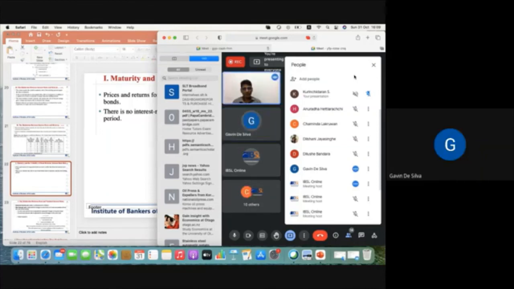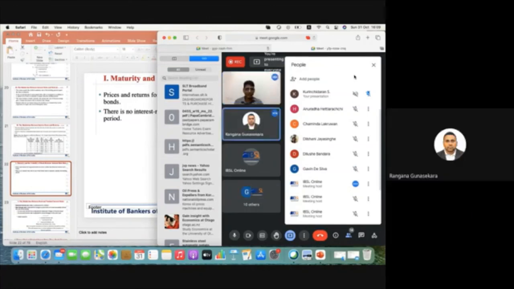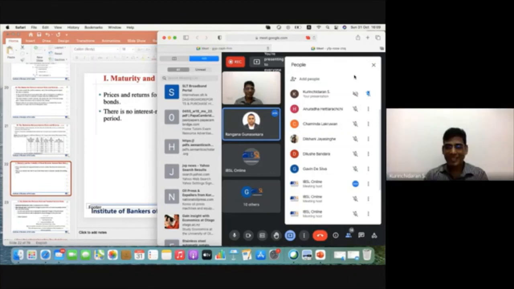So something like interest rate? Exactly. One component of market risk is interest rate risk. The second one, exchange risk. Exactly, Rangana. The second one is exchange rate risk.